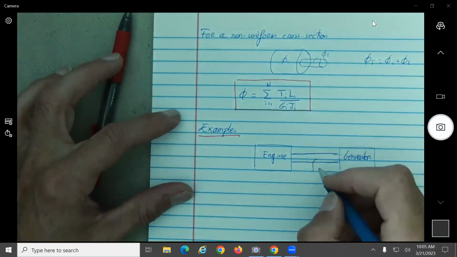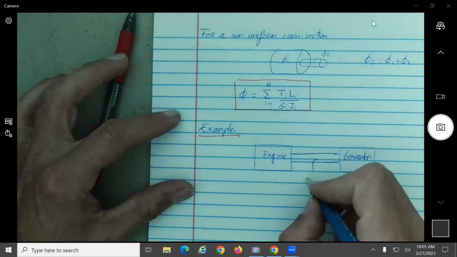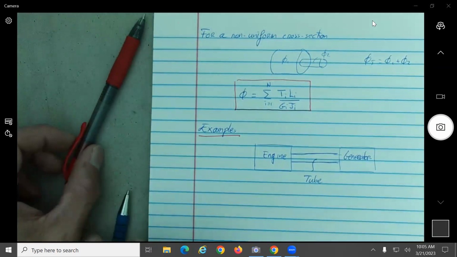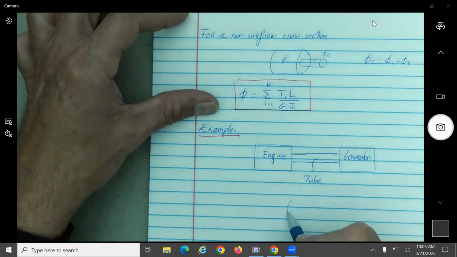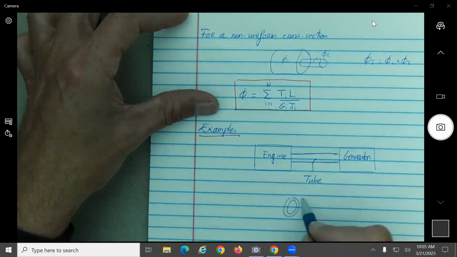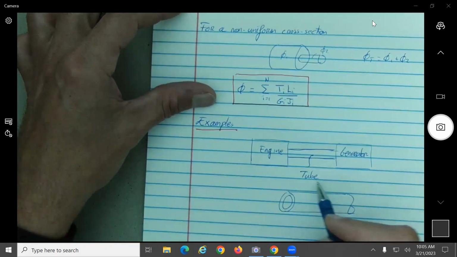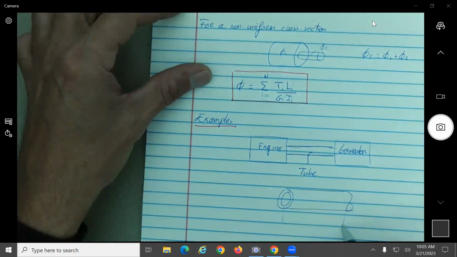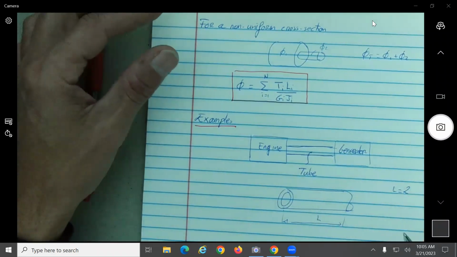Okay, so this is your tube, connecting it. And you know that the length, so let me put here, this will be your tube, which you know has a length L, well, L will be 2 meters.